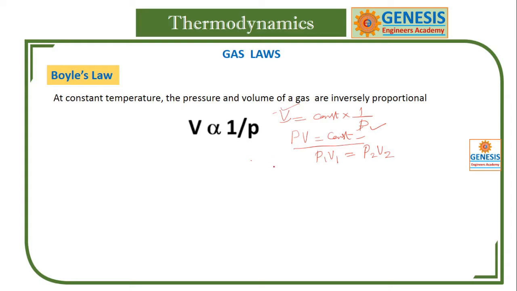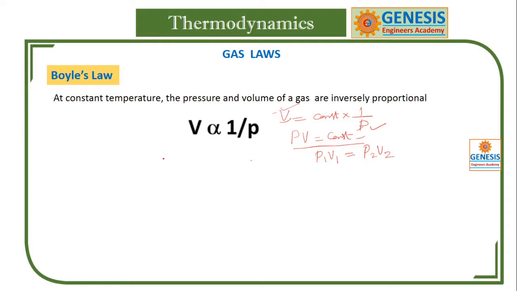This is a very important law which governs many of our engine operations or processes. At constant temperature, it is called an isothermal process, that is Boyle's law, and the product of PV is equal to constant.